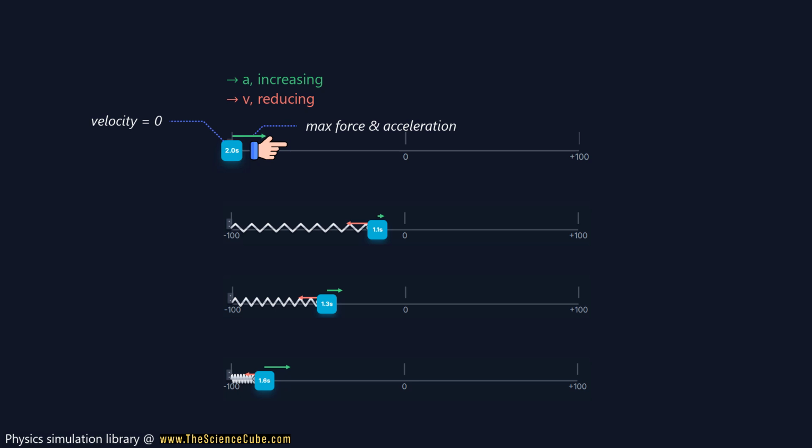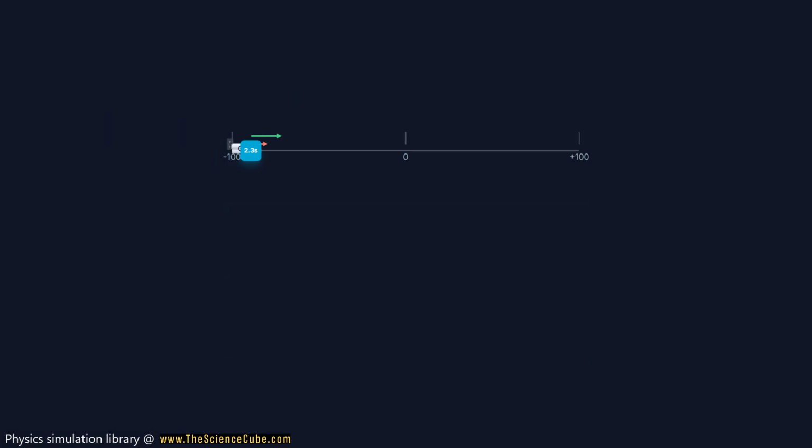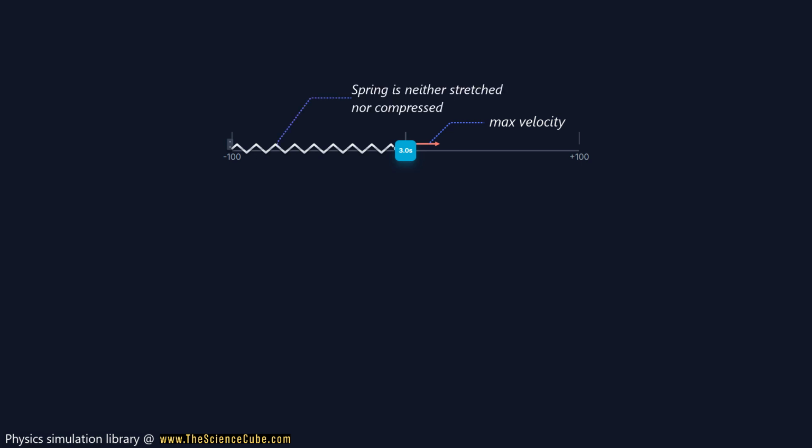And now the mass starts its return journey, and its velocity once again starts increasing because of the acceleration provided by the spring force. And its velocity reaches its maximum at the equilibrium position, where you can see the spring is in its natural state, that is, no compression or stretch. Therefore, no force or acceleration offered by the spring.